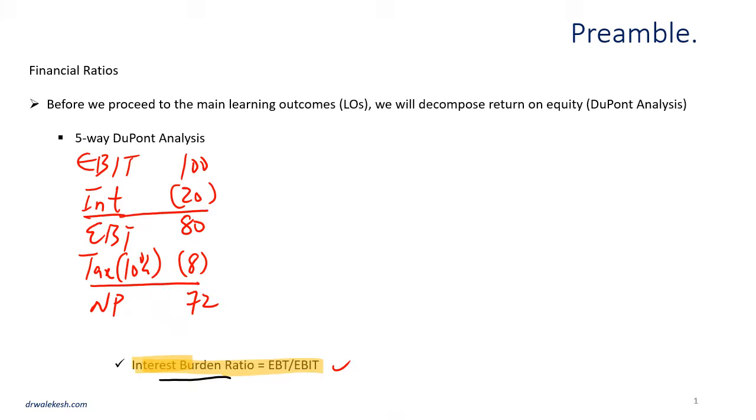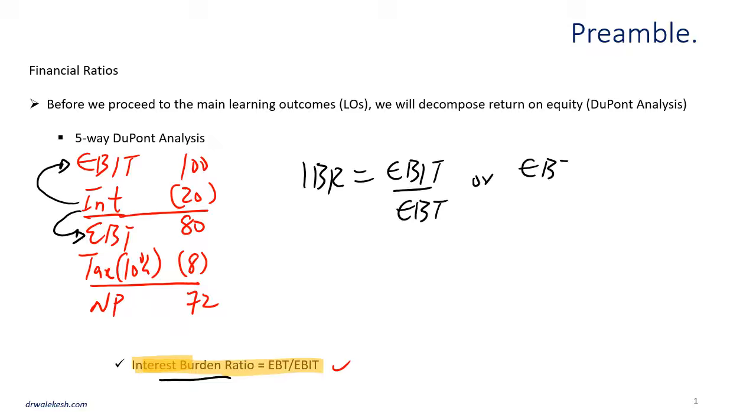To recall this formula, the logic is this. Interest expense is between EBIT and EBT. That implies that the interest burden ratio could either be EBIT over EBT, or it could be EBT over EBIT.